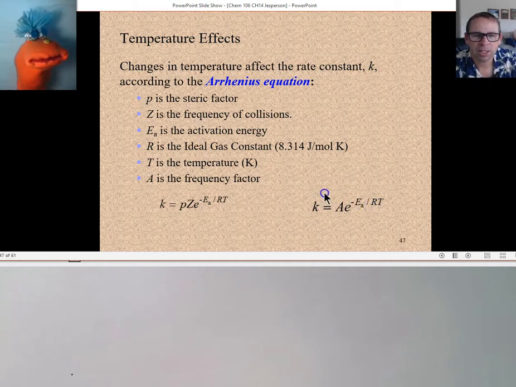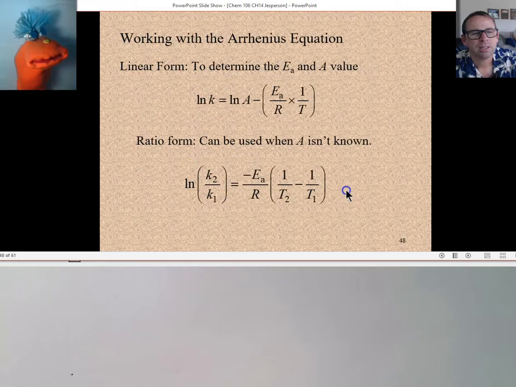And so our temperature here has to be in Kelvin as well. Now, the rate of the reaction is related to the activation energy and temperature. R is a constant, A is a constant as well, and e is a constant as well.